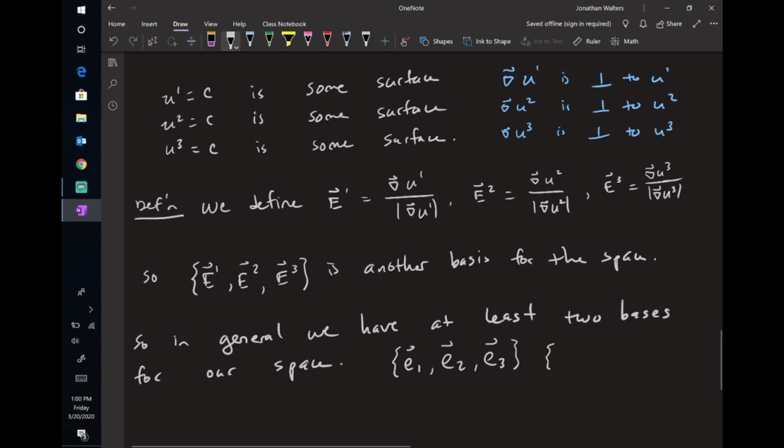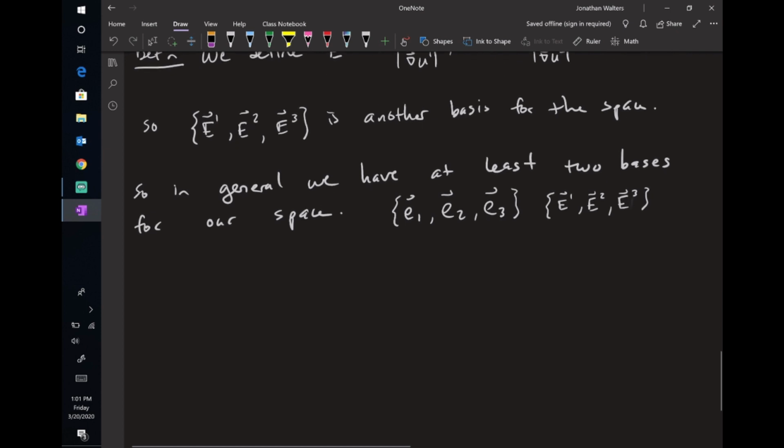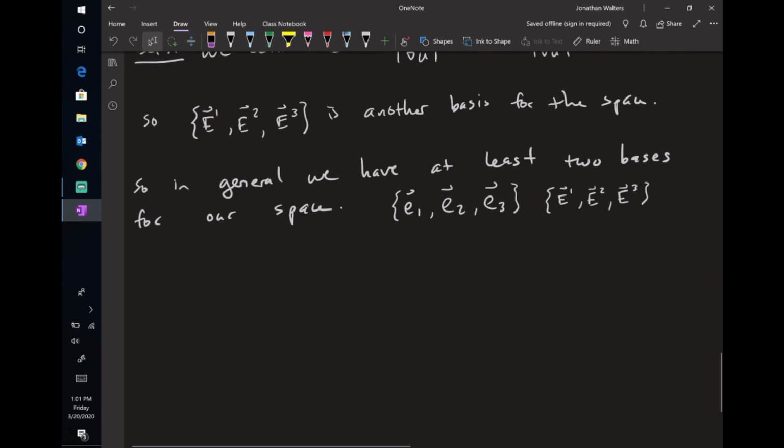Now capital E1, E2, E3 are the orthogonal vectors to the surfaces of constant coordinate values. So this is the tangent basis, and this is the orthogonal direction to the surfaces of constant value.